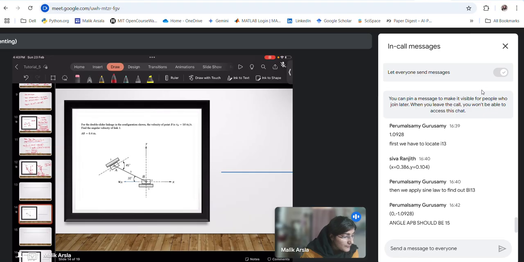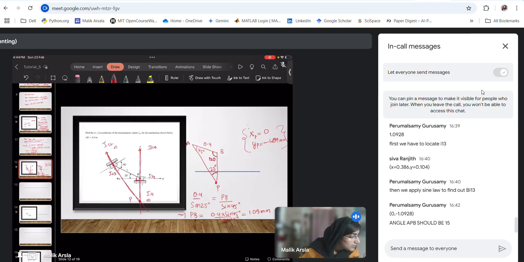Given the linear velocity of point B as 50, you have to find out the angular velocity of this link. Angle APB should be 15. Yeah, it should be 15, sorry.